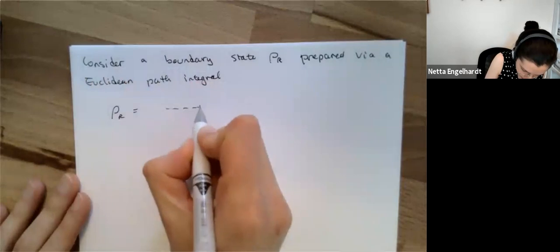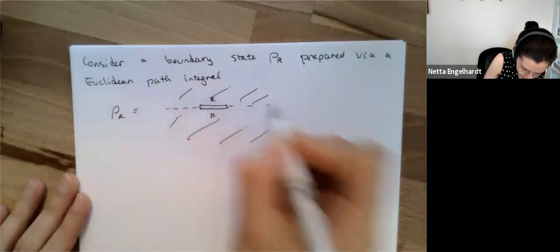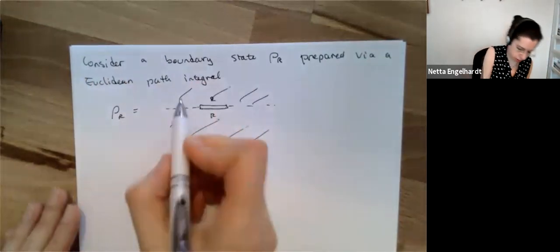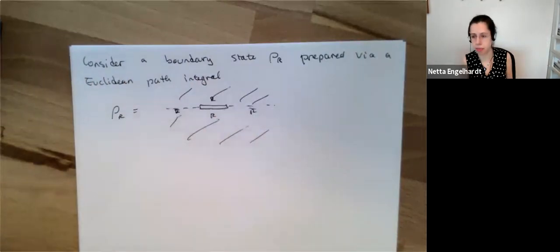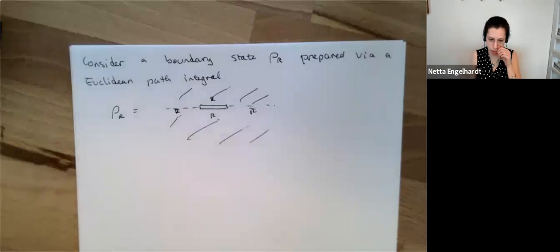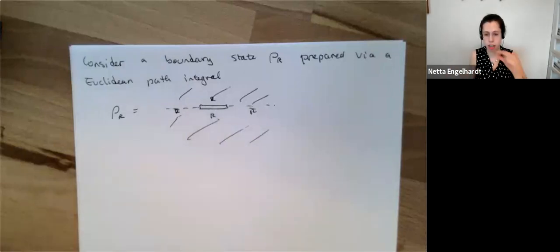You have some cut R and another cut below it, R. Here we've glued together the complement of R, and we've left open this cut. The idea is that from the Euclidean path integral, you can compute any expectation value or any transition function between some ket on R and some bra on R, just by putting them together with this cut along R.